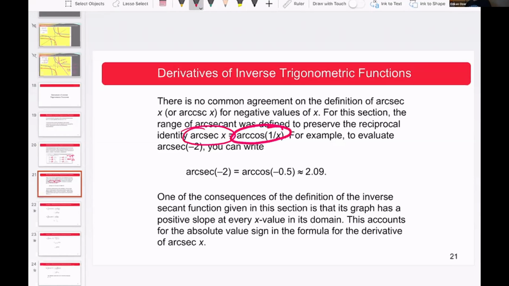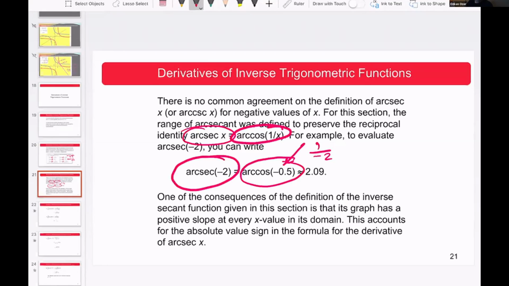So have you checked your calculator? You should have realized that there is no arc secant over there. So if you want to, let's say, calculate arc secant of -2, you should convert it to arc cosine of what? 1 over -2. Right? Arc cosine of 1 over -2, which is -0.5.